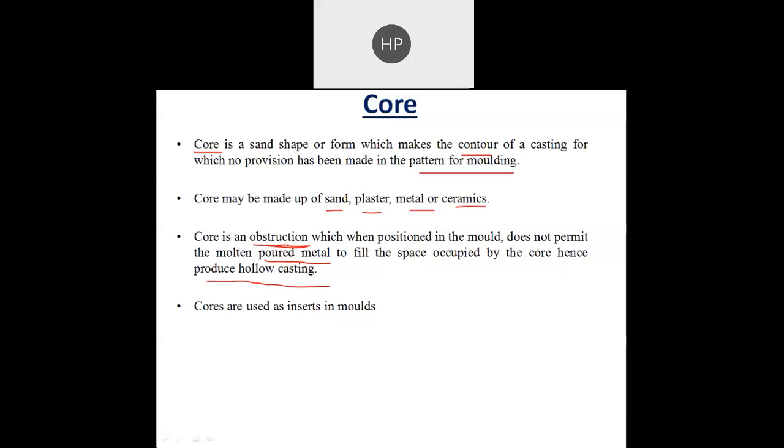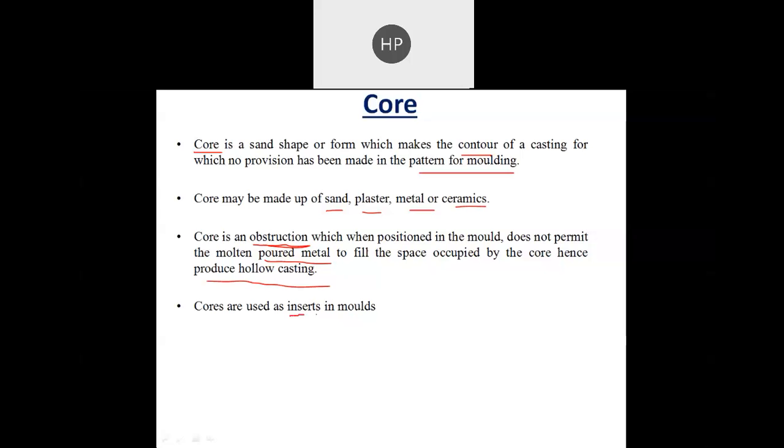In each and every casting process, we do not use a core. The core is used only when we require a hollow casting or a certain hollow shape in the casting. That hollow portion produced by the use of a core, and cores are used as inserts in the mold.